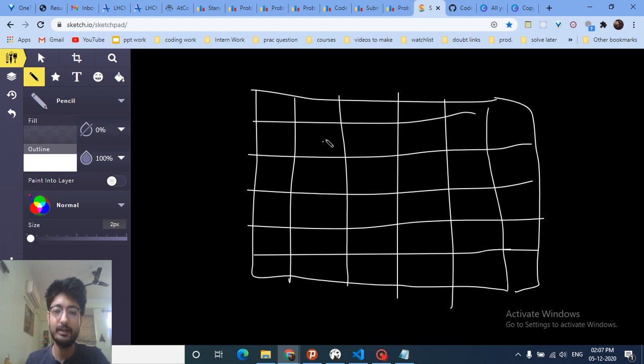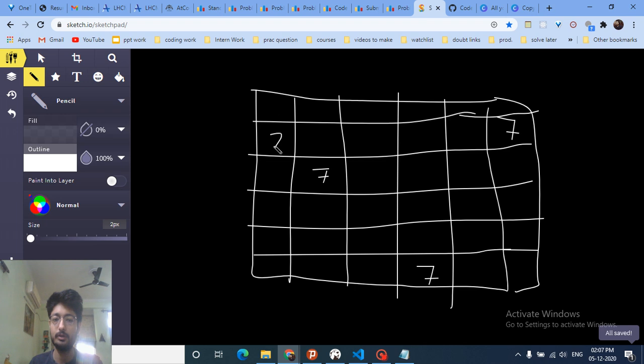For every number we have to find out the minimum row it's present in and the maximum row it's present in. Let's assume that 7 is present here, here, and here. I'm only talking about 7, and 7 is present only here.